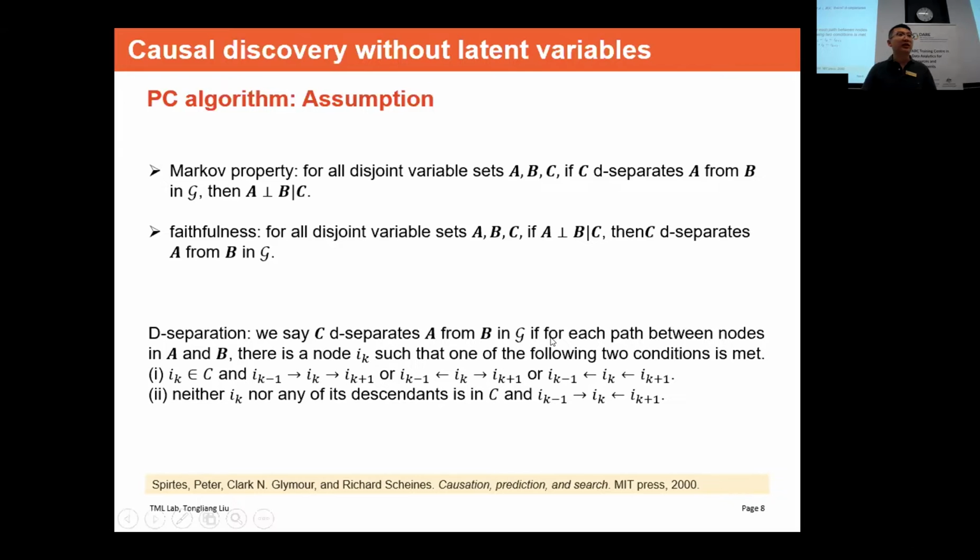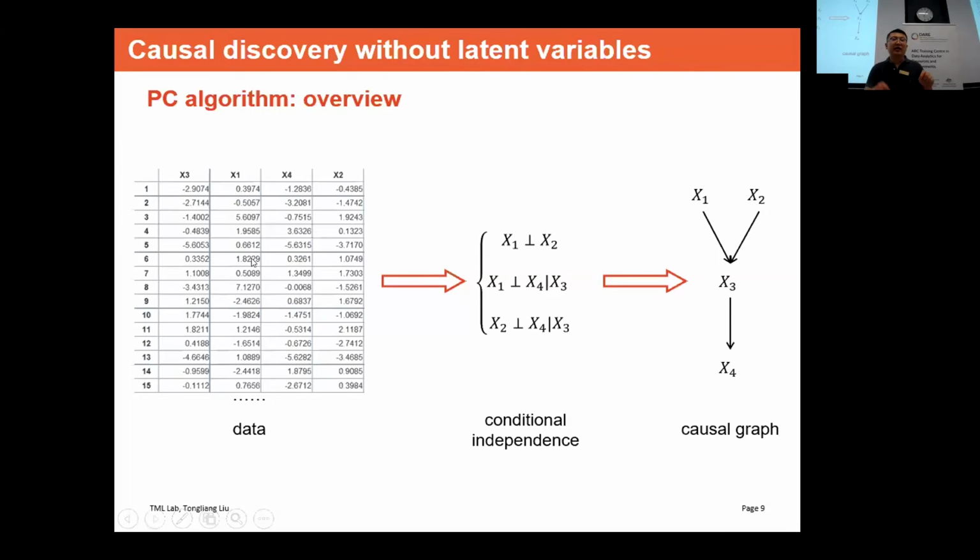If those two conditions are satisfied, then C d-separates set A and set B. With those two assumptions, there is a one-to-one mapping between d-separation and conditional independence. The PC algorithm makes use of this one-to-one mapping.